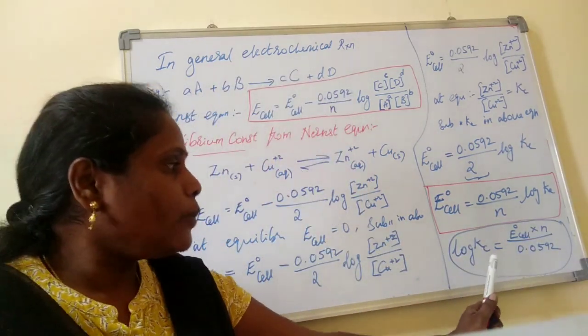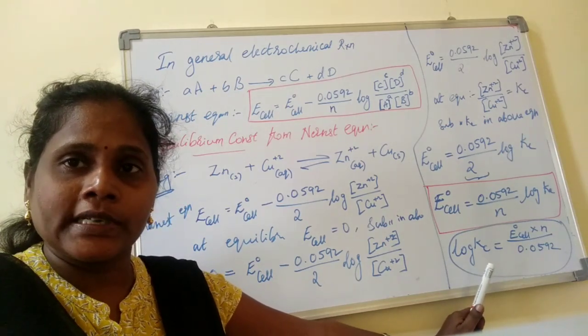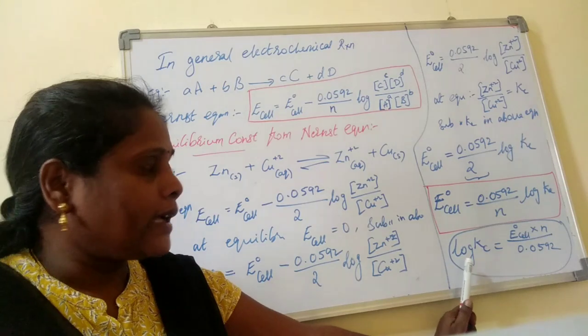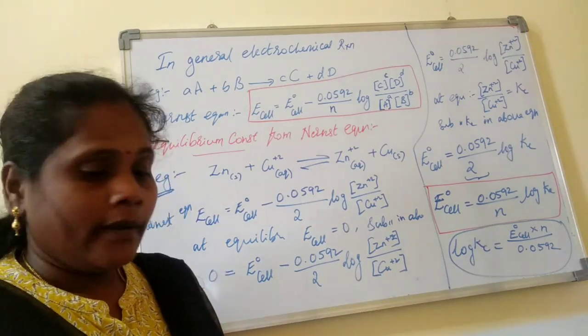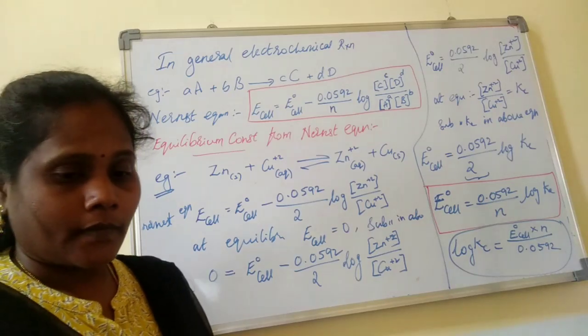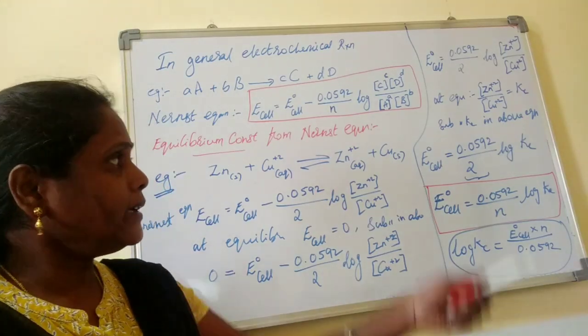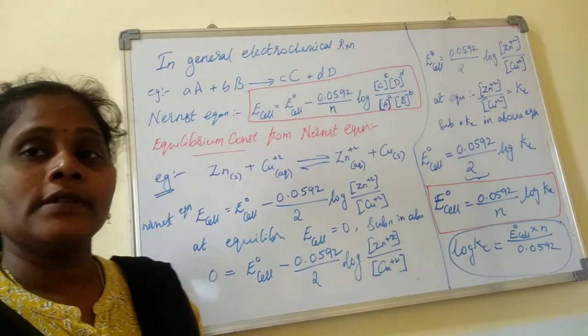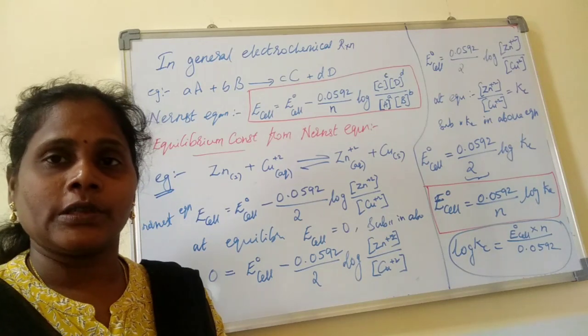That means if any problem is coming regarding this to calculate the equilibrium constant, you have to use log Kc is equals to E naught cell into n by 0.0592. Right? So this is about the equilibrium constant equation we have derived from the Nernst equation.